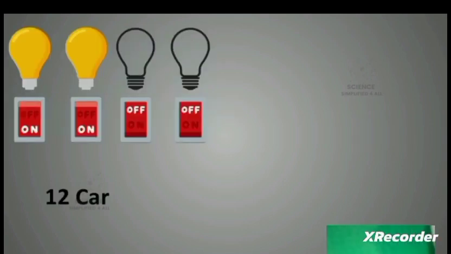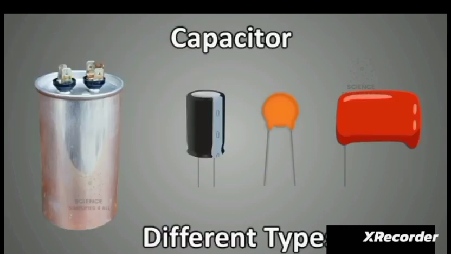In the bulb example, to read the result, we had to look with our eyes and see which bulbs were glowing. But now imagine that instead of bulbs, we are using devices called capacitors. Some of you may already know what a capacitor is. For those who do not, you just need to remember this.